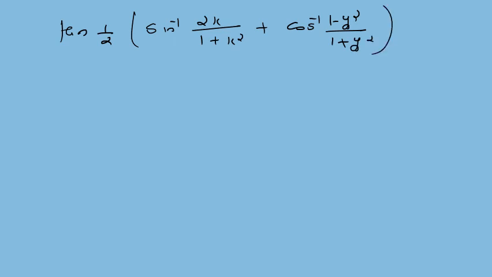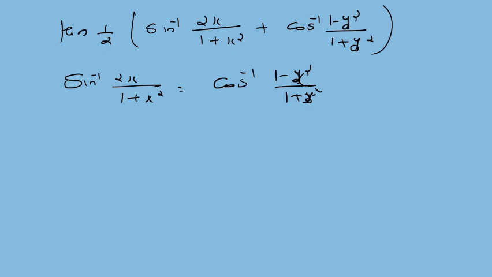This question. So you know, previously we proved sine inverse 2x by 1 plus x squared is equal to 2 tan inverse x. Sorry, cos inverse 1 minus x squared by 1 plus x squared is equal to what? 2 tan inverse x. Yesterday we have done.